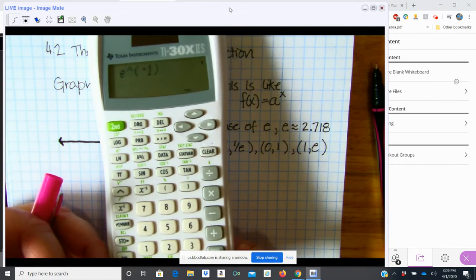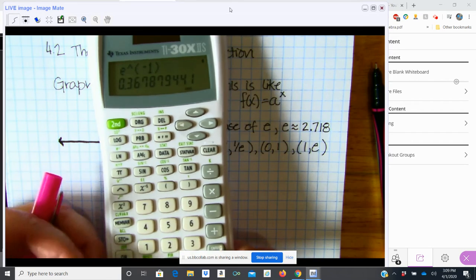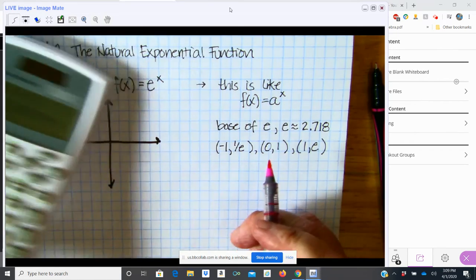E to the negative 1, which is about a third, 0.36, or 1/3.